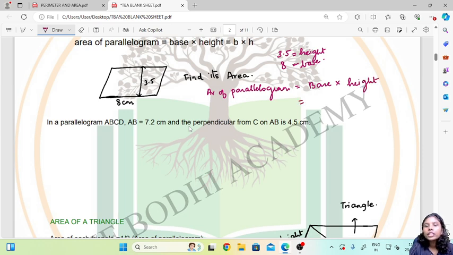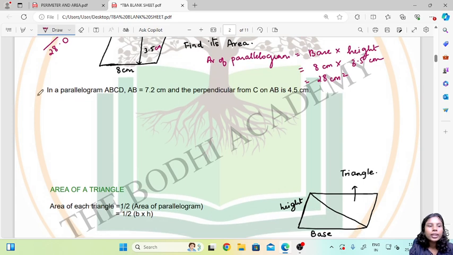Base is 8 and the height is 3.5. So 3.5 into 8 is 28. So the area is 28 centimeter square. This unit is centimeter and this is also centimeter, so centimeter into centimeter gives centimeter square. So the area of this given parallelogram is 28 centimeter square.